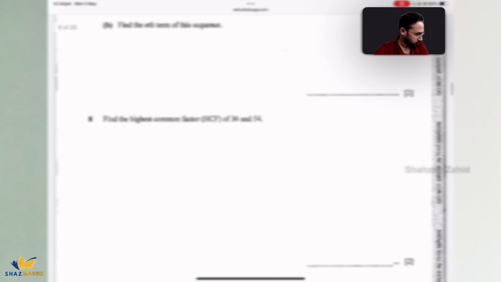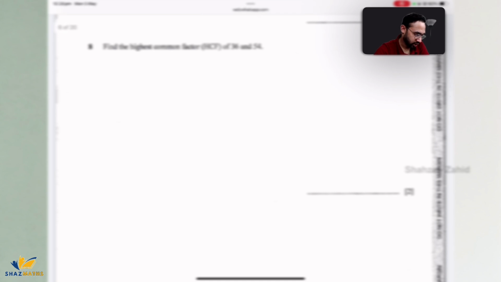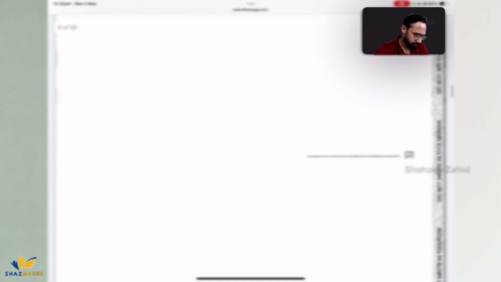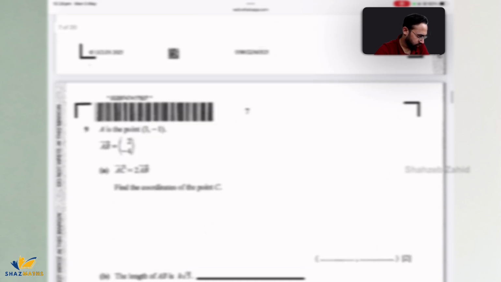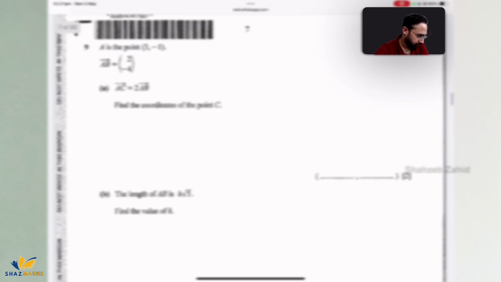Okay. Question number 8. HCF of 36 and 54. Nothing else again. Nothing extraordinary, I mean. I'm gonna keep rolling. Question number 9 is from vectors. Given AC to AB, again, straightforward.